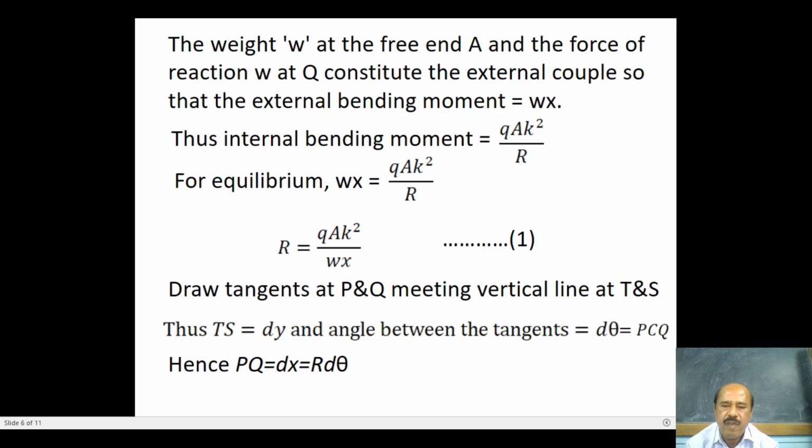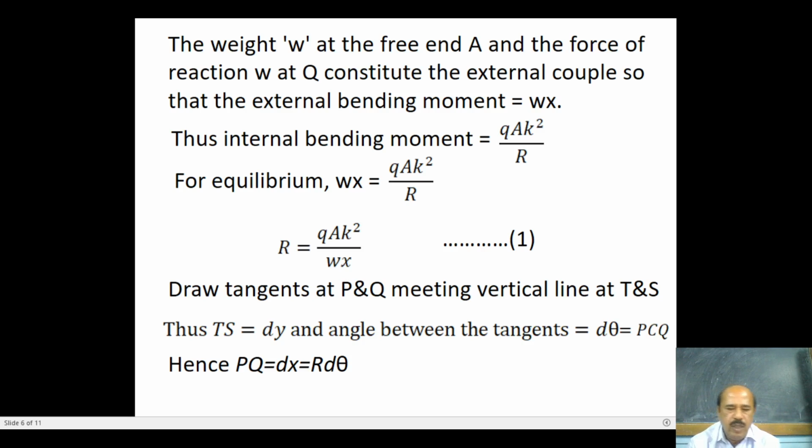For equilibrium, the external bending moment is equal to the internal bending moment, so we can write W x equals Y A k square divided by R. Using this, the radius of curvature R equals Y A k square divided by W into x. Call this equation number 1.